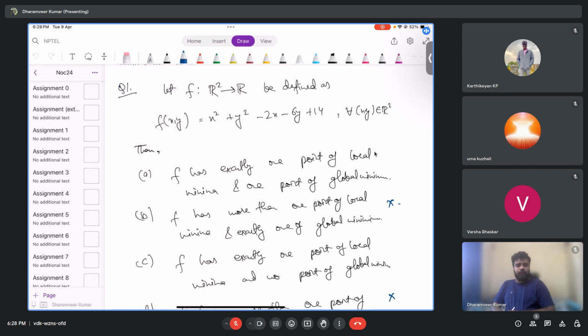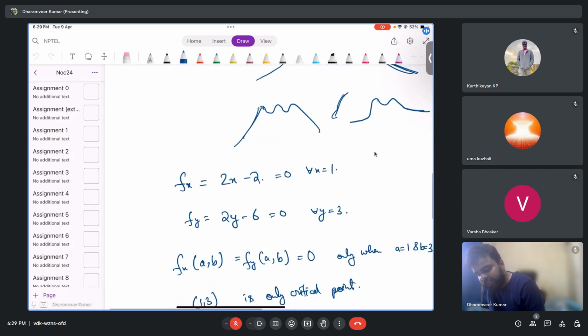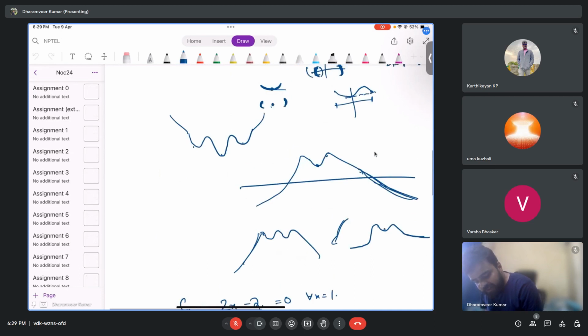There is exactly one critical point. So we also know there is exactly one critical point. If we were dealing in one dimension, it doesn't have a maximum anywhere. It doesn't have a local maximum.